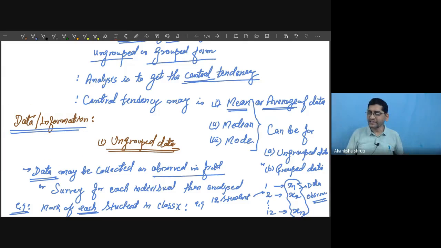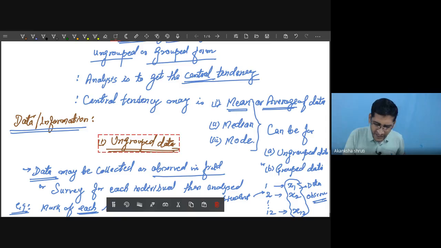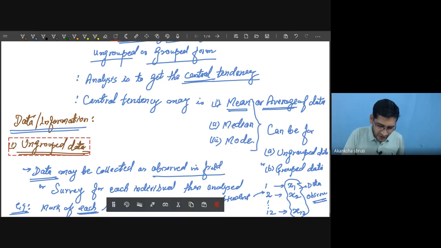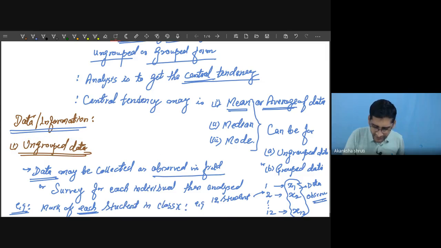There is another way of expressing or keeping this data, which is called grouped data. Students, ungrouped data is the observation directly taken from the field and written or collected as it exists in the field. So it is also called raw data.